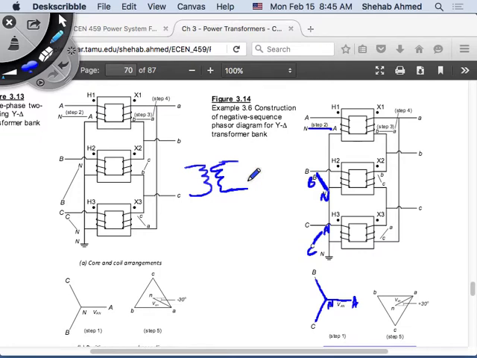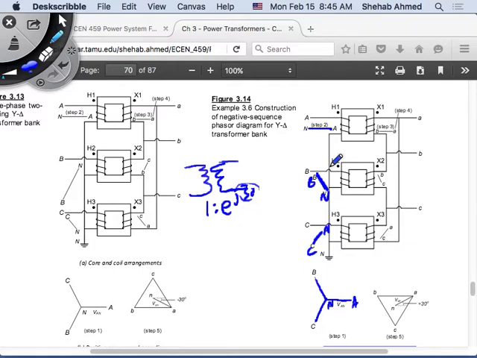Okay, so I don't want too many ifs and thens, but when an example comes, it will be easier. But how you choose the e to the j angle is based on the connection of the transformer. So all transformers will be reduced to a single phase transformer by properly choosing the base.